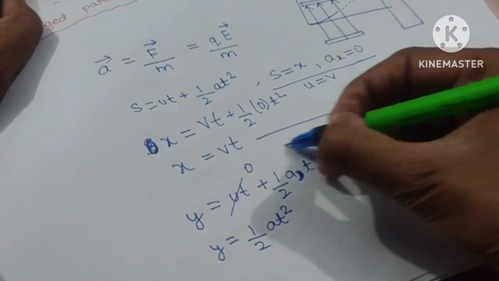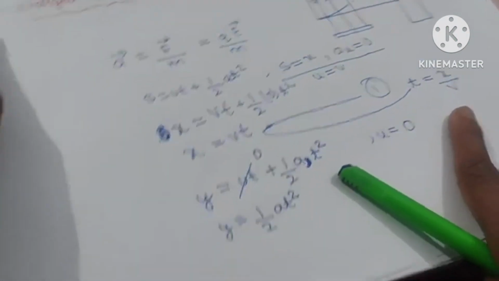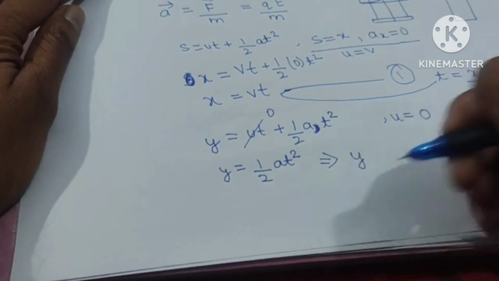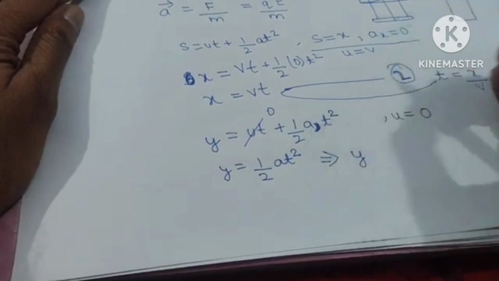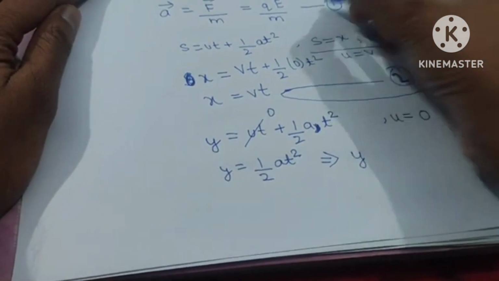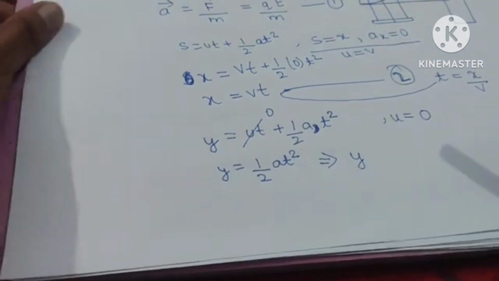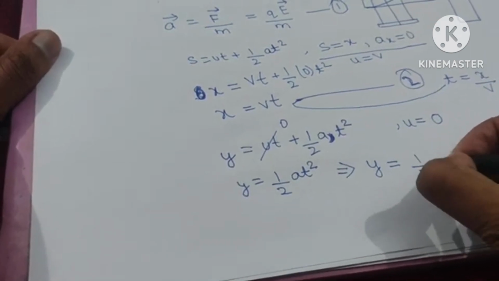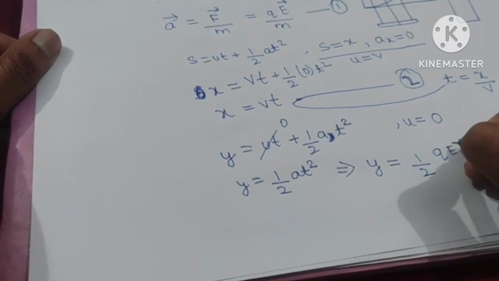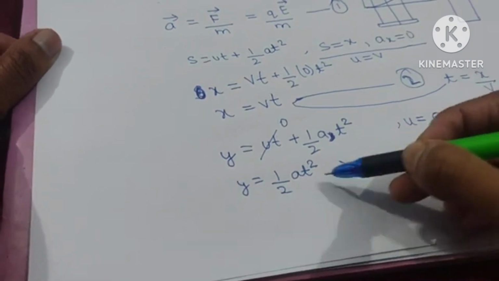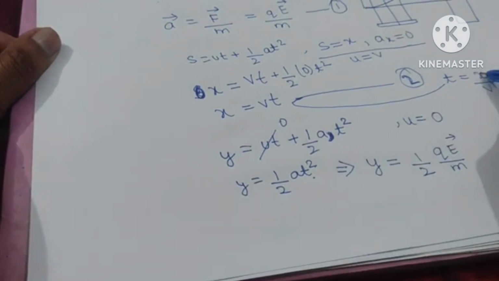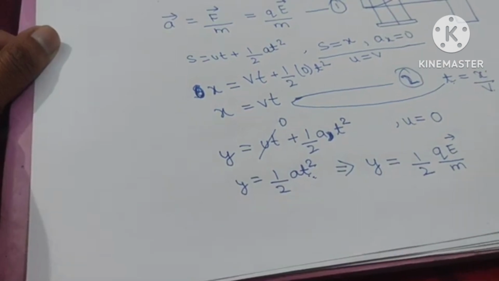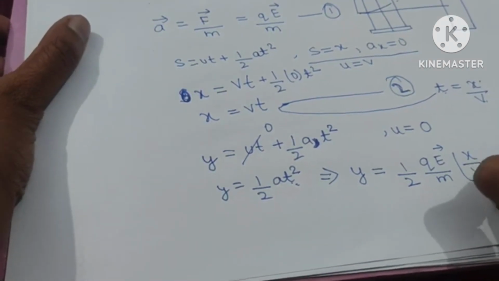Let this be equation 1 and the y expression be equation 2. Put 1 in 2: half stays half, a stays a, and instead of t squared we write x by v, so t squared becomes x squared by v squared.